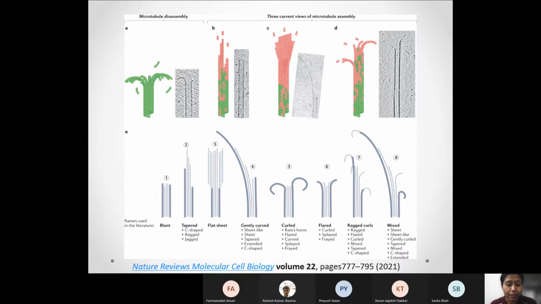Now, this is another thing. As I had mentioned, although we know a lot about microtubules, it's still a field that is being researched. For example, it's not quite well understood how exactly these protofilaments come together to form the microtubule structure. So here there are some cryo-electron images of growing microtubules.